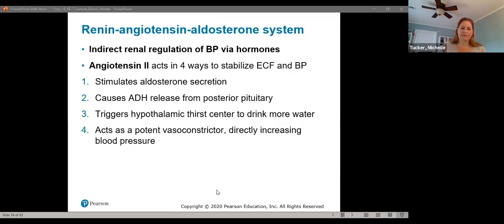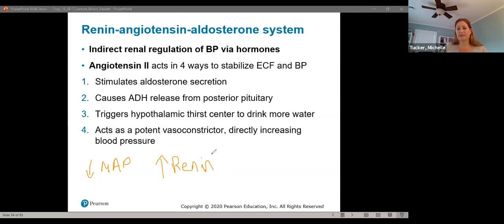Remember where we started? Blood pressure falls. Okay. I am in a car accident. I get a deep cut. I lose a lot of blood. My arterial pressure is decreasing. Then that is going to cause the kidneys to release renin.